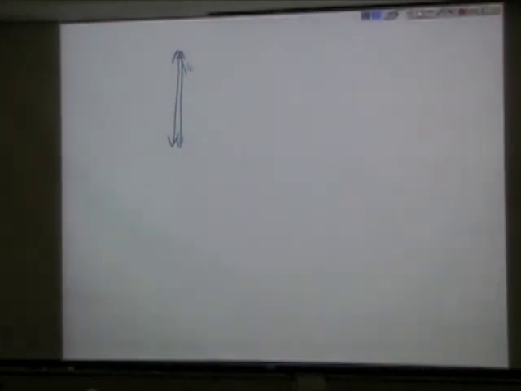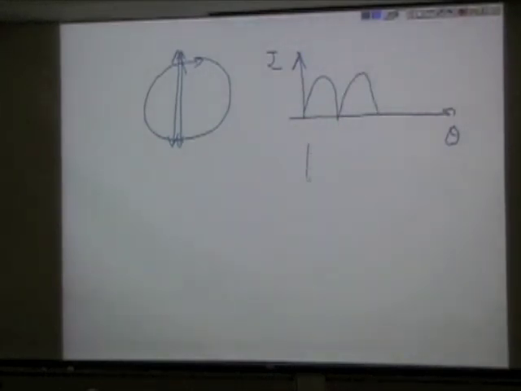And what we do, we rotate the second polarizer by 360 degrees. The intensity of this light as a function of the angle, we know it changes. So how would your graph look like? This is one.